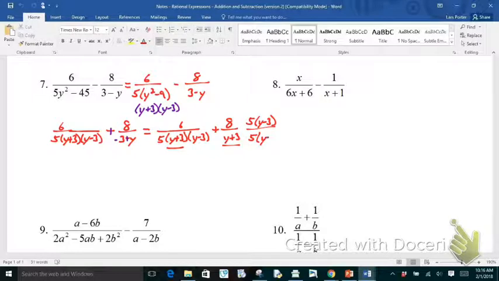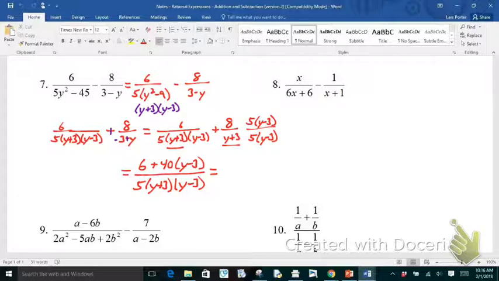5 times y minus 3, and that's going to lead us to 6 plus 8 times 5, which is 40, times y minus 3. And on the bottom, we have 5 times y plus 3 times y minus 3. Let's continue to see what we can put together up on the top.